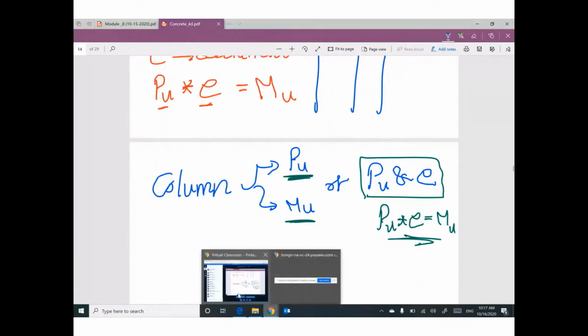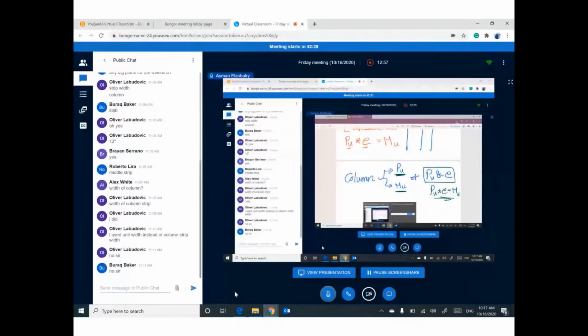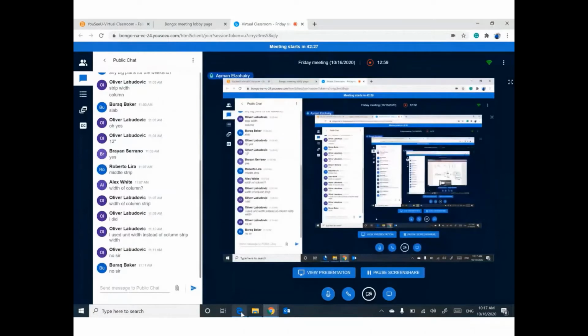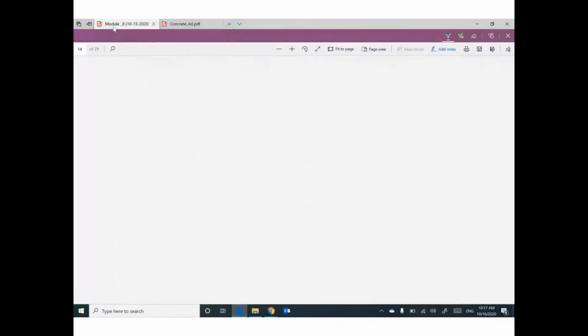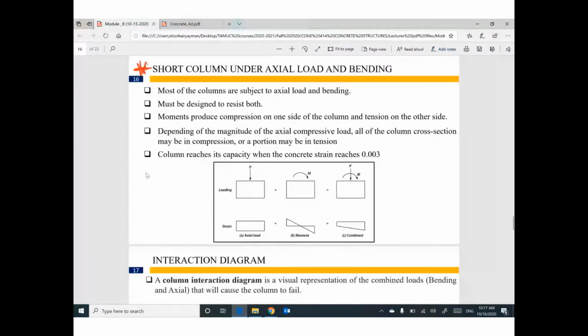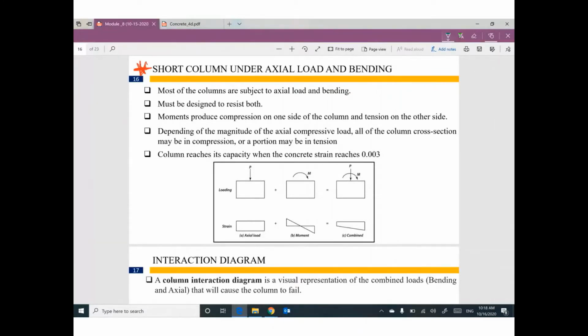Any question? Looks good. So today I'm going to talk about a short column under the effect of axial load and bending moment.